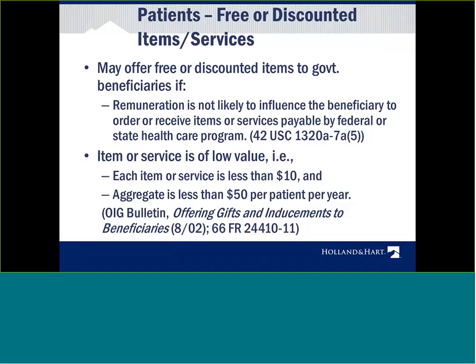If you're relying on this carve-out, definitely keep in mind that you want to look at your whole year, and if you're running a campaign where you're giving promotional items of low value, also ensure that you're not doing that multiple times every month or something that's likely to exceed the per patient per year total. And this is part of one of the OIG bulletins that will be sent around as part of the materials, which was specific to gifts and inducements to program beneficiaries.